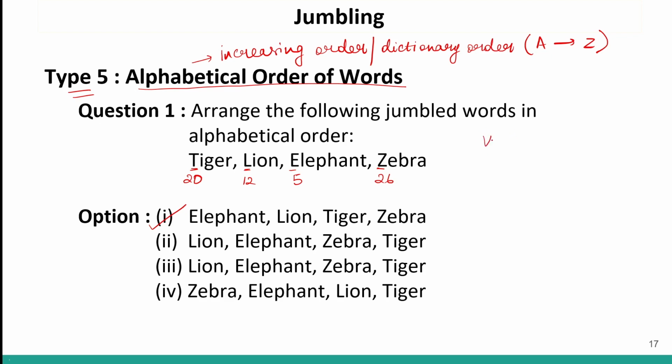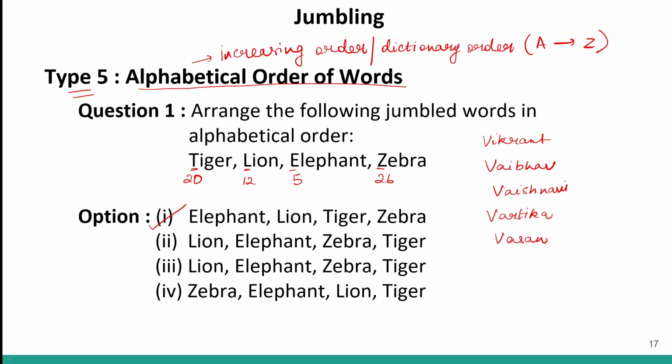Their names are Vikrant, Vaibhav, Vaishnavi, Vartika, and Vasan. So let's say we have 5 students and their names are like this, and we have to arrange them in alphabetical order.